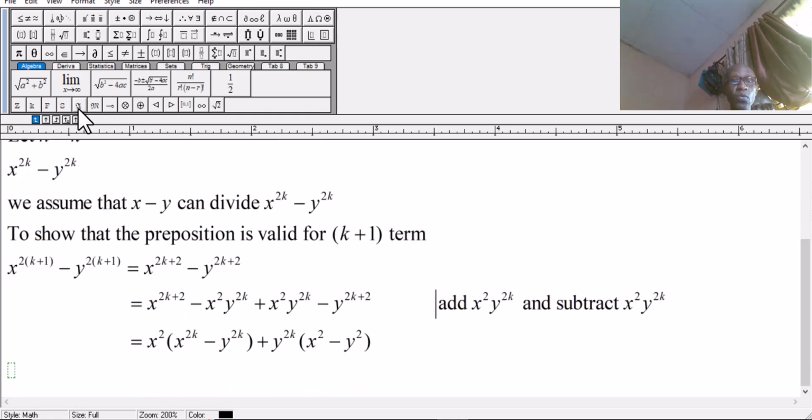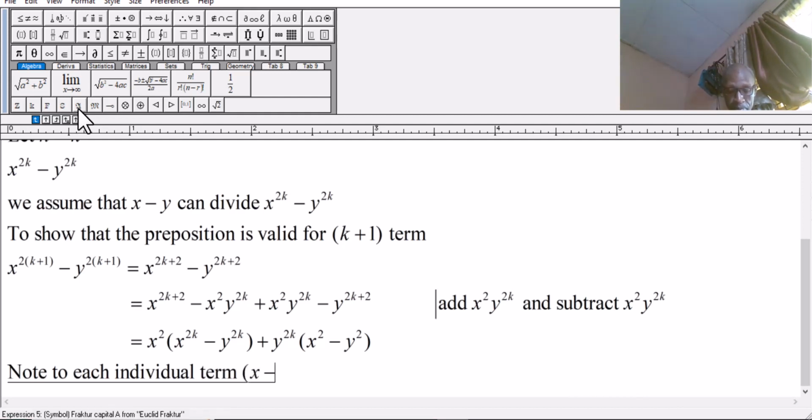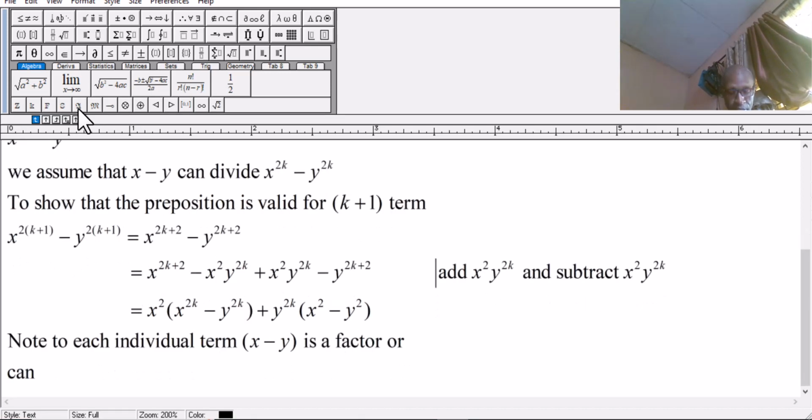Now note that for each individual term, x minus y is a factor, or can divide each individual term.